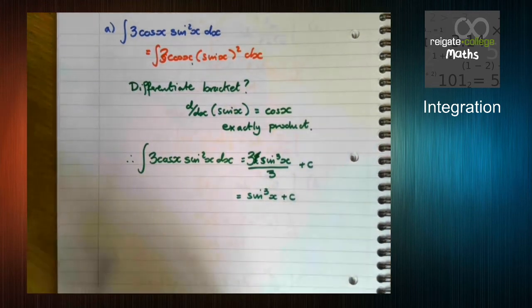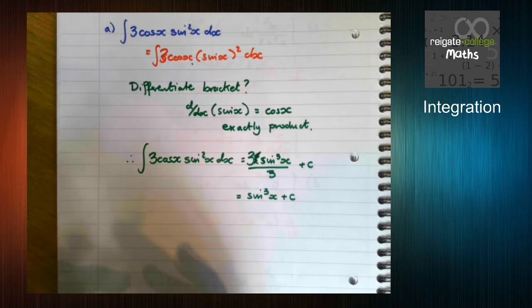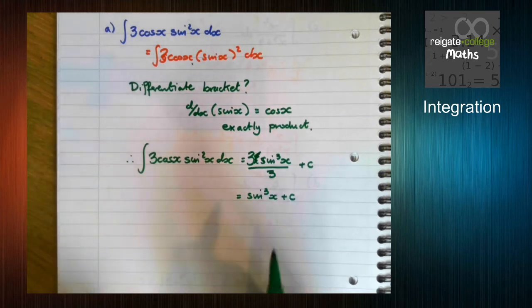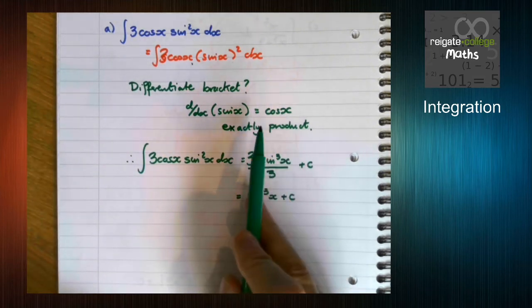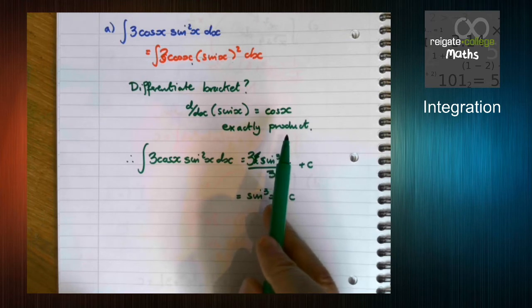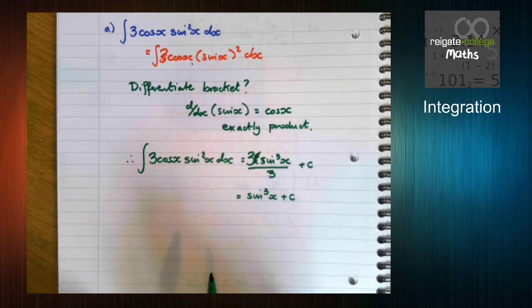So it's a similar idea to what we previously looked at with the fractions. If we get exactly the extra bit, we don't need to change a huge amount.